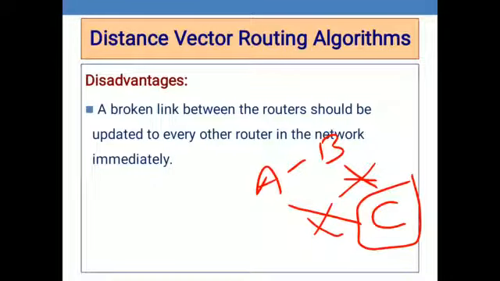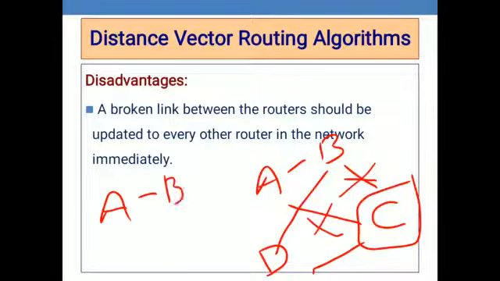For example, another router D is connected through B, so A to B, B to D is a connection, and C. If this router fails, then automatically the links will be broken here. So two links are broken. Then the network we considered is only A to B and from B to D.